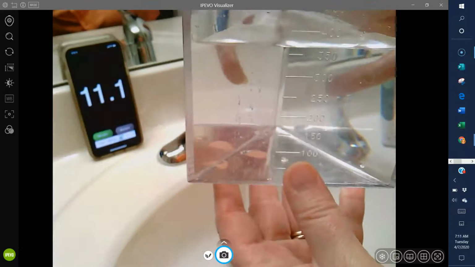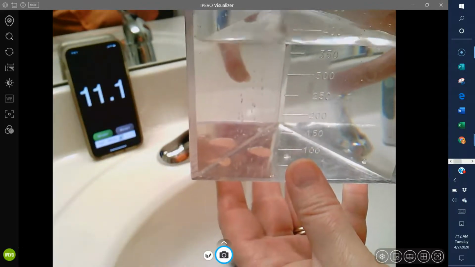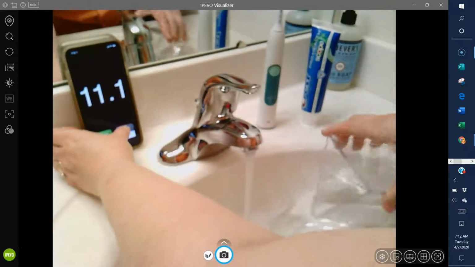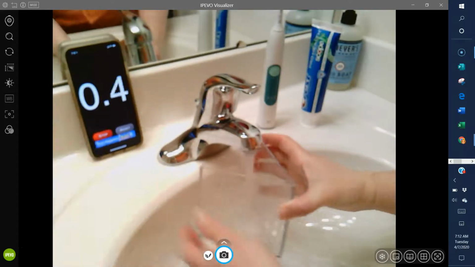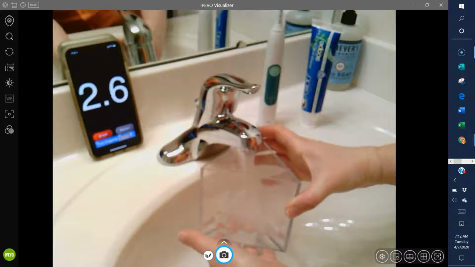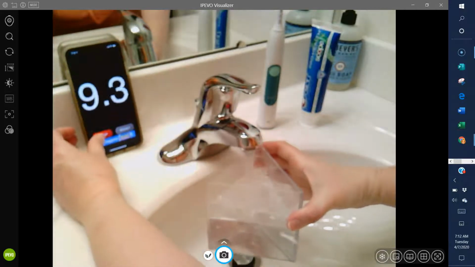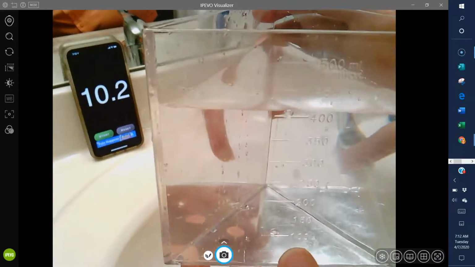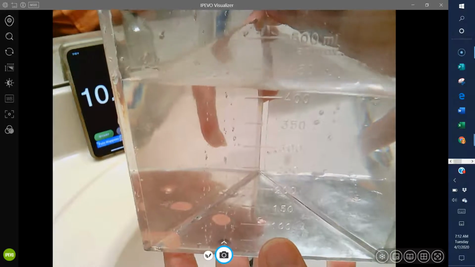Okay, so for the 7th round, it's between 350 and 400, so we could say 375. Eighth round, looks like we're at a little bit over 400, maybe 410.